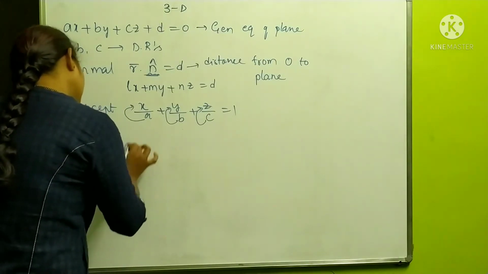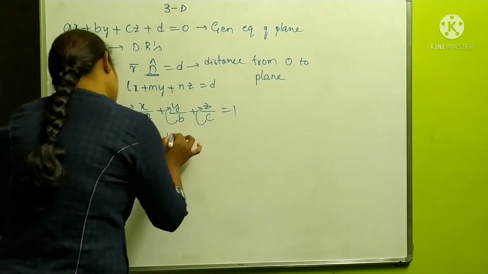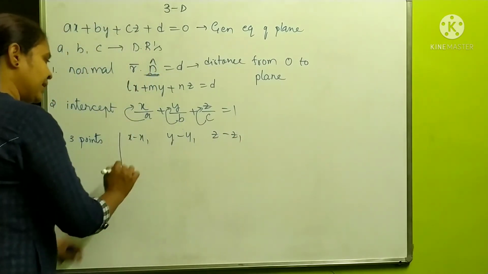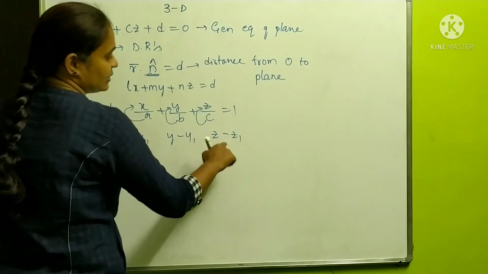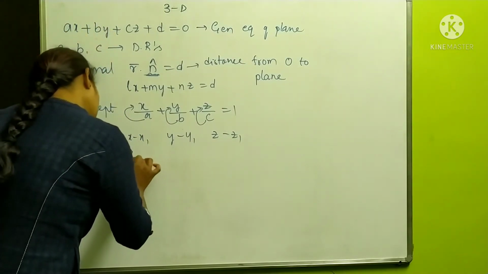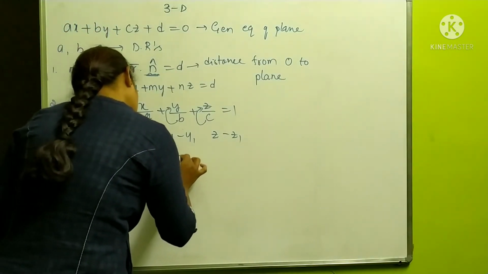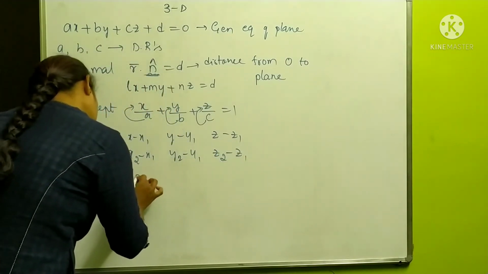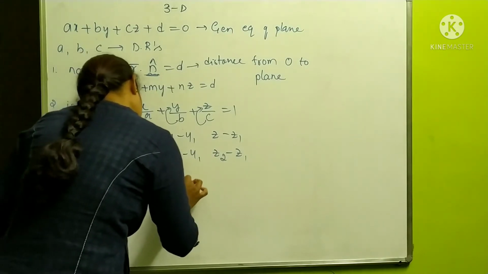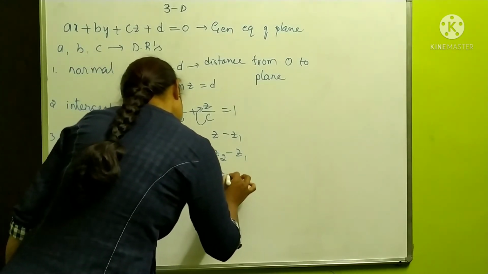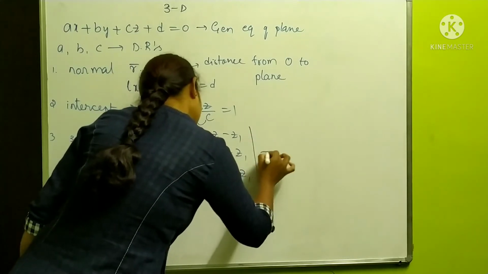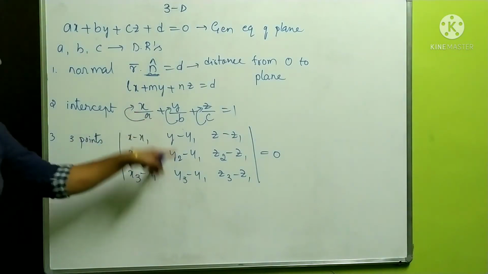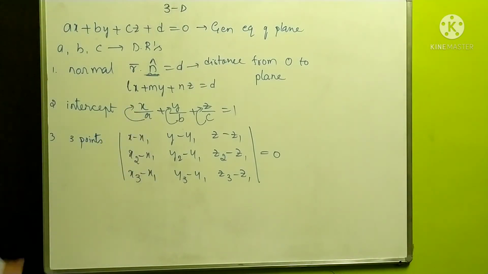Then the equation is given by the determinant of x minus x1, y minus y1, z minus z1; x2 minus x1, y2 minus y1, z2 minus z1; x3 minus x1, y3 minus y1, z3 minus z1 is equal to 0. This is how you have to give the equation of plane if it passes through 3 points.